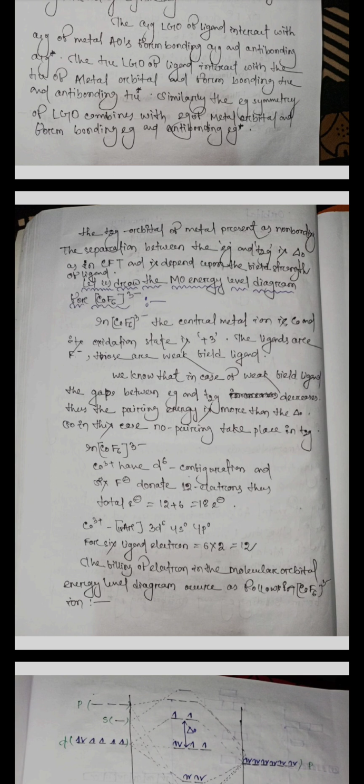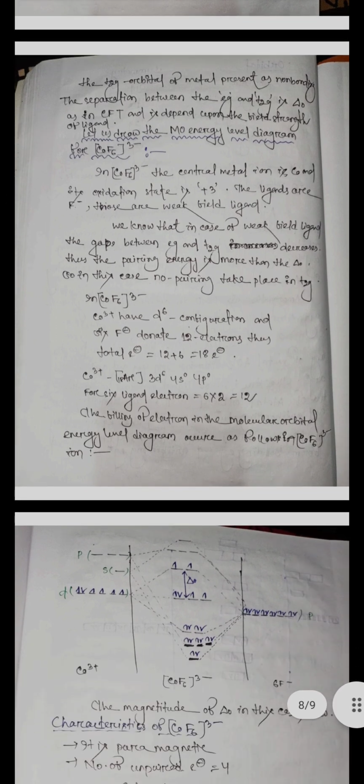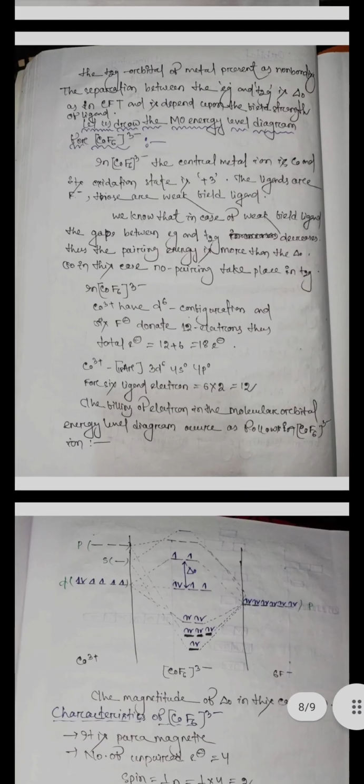The separation between Eg and T2g is delta O as in CFT, and it depends upon the field strength of the ligand. So after this, let us draw the MO energy level diagram for CoF6 3 minus. In CoF6 3 minus, the central metal ion is Co and its oxidation state is +3, and the ligands are 6 F minus.